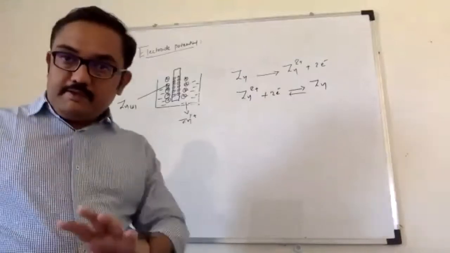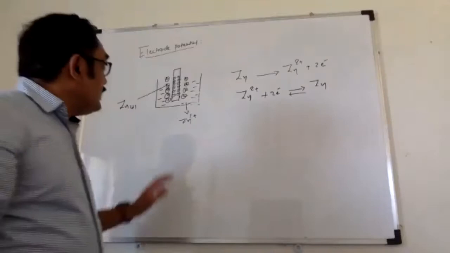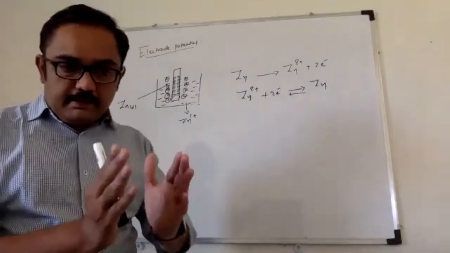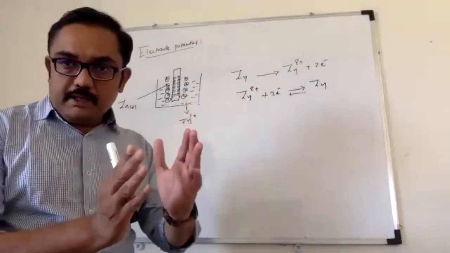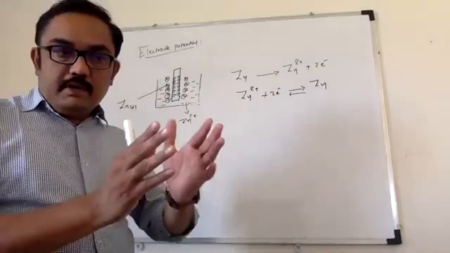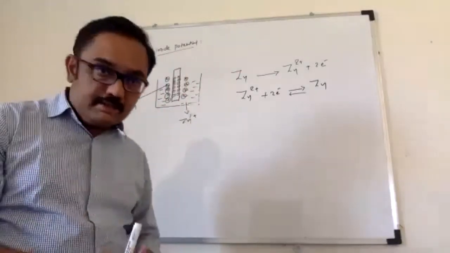These two oppositely charged layers attract each other and form a double layer.